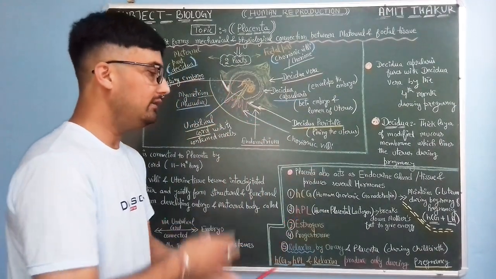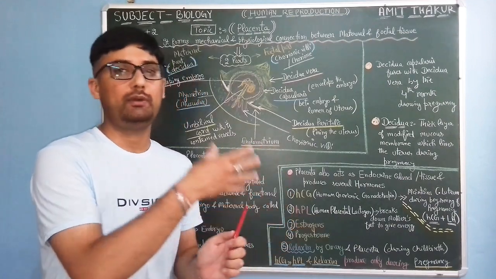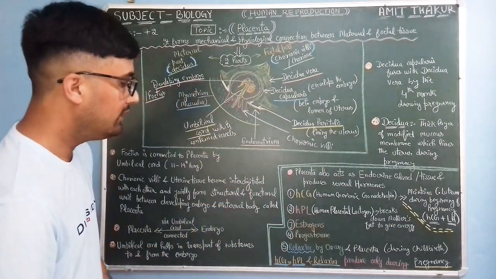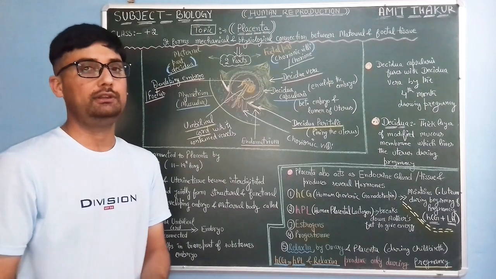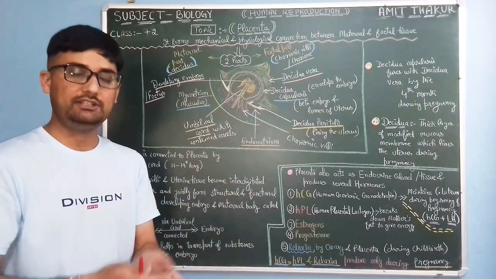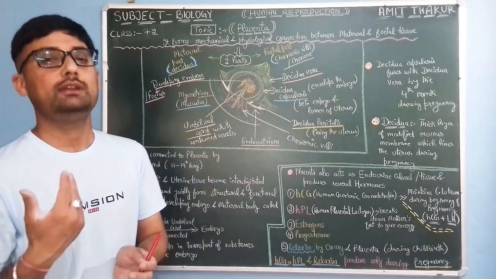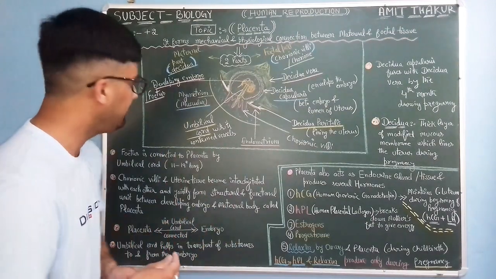HPL breaks down fat molecules to provide energy to the growing embryo, and relaxin during childbirth relaxes the pelvic region as well as widens the cervix to ease childbirth.